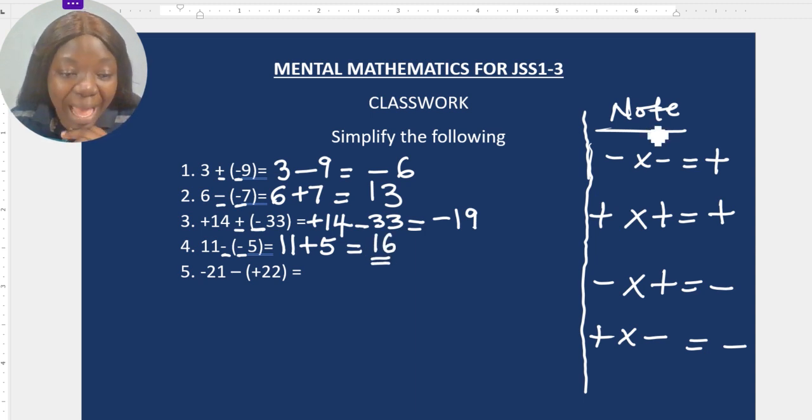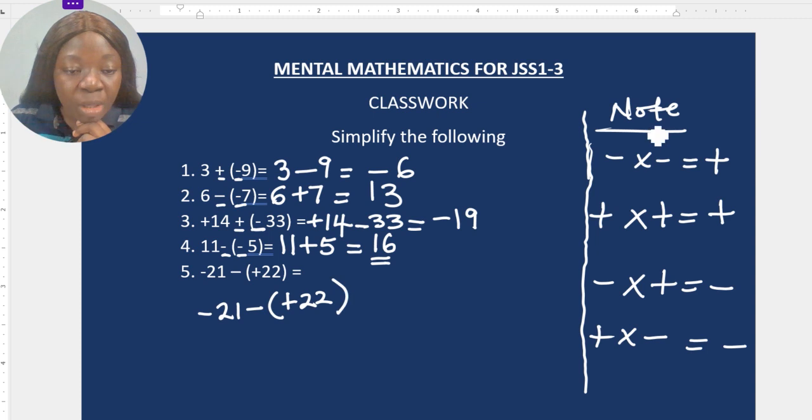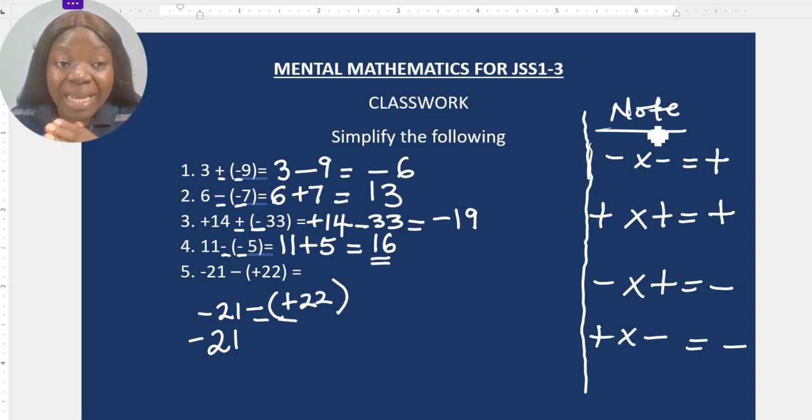Look at number 5. We have minus 21 minus plus 22. So I will write minus 21 minus times plus, because the minus and the plus are only separated by the bracket. So minus times plus is minus.